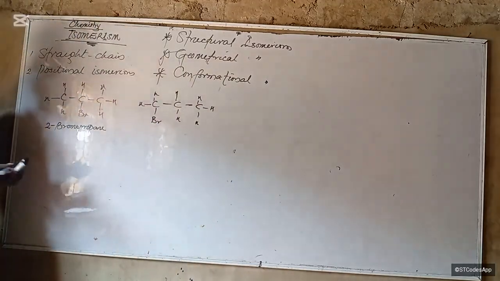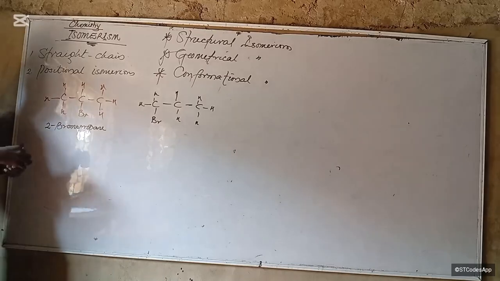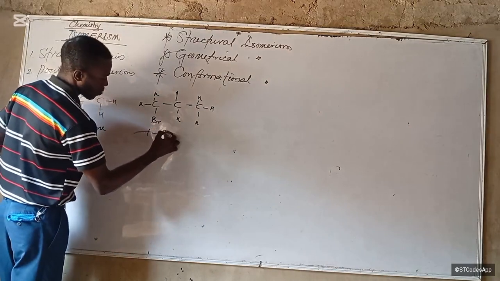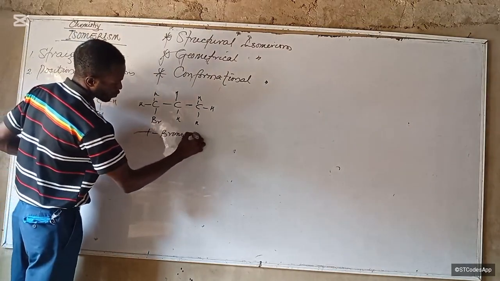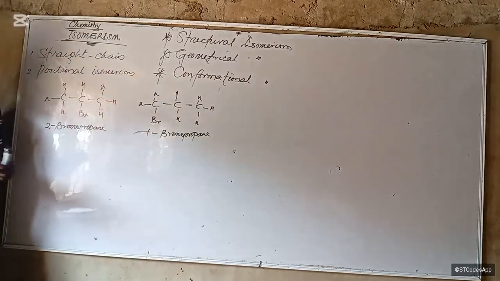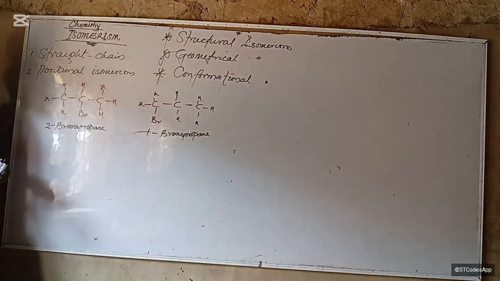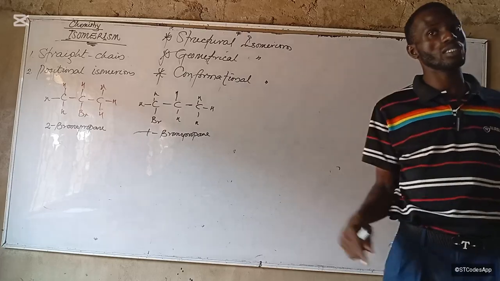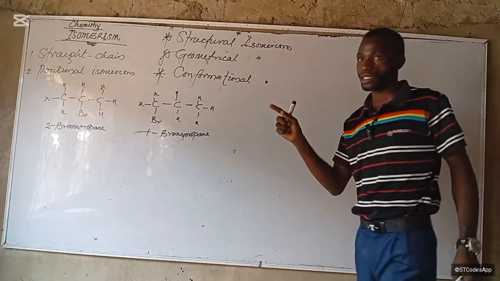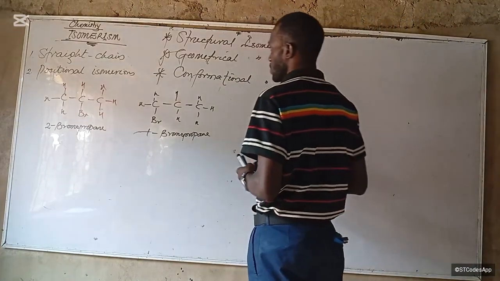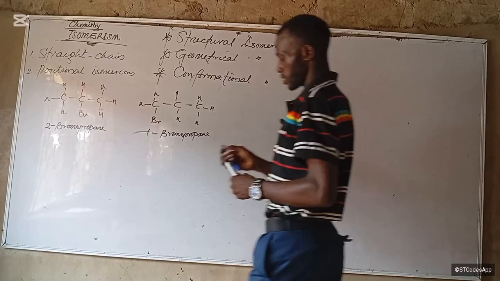What does this give me? 1-bromopropane. Is that clear? This is positional isomerism. So it's just movement of the substituents around it. That is positional isomerism.